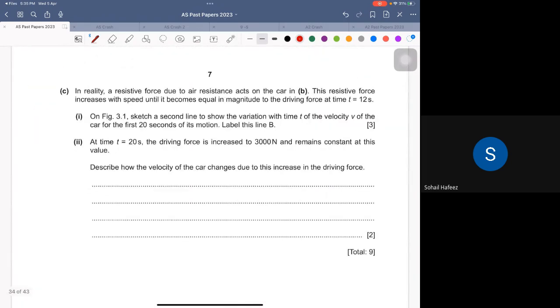So then it says, in reality, resistive force due to air resistance on the car in B. This resistive force increases with speed until it becomes equal in magnitude to the driving force. So then it says label this line B. You have to draw this line with the variation labelled.